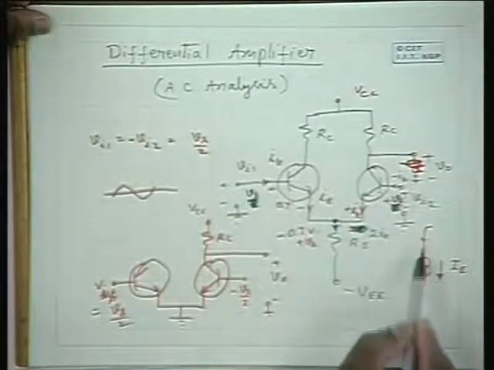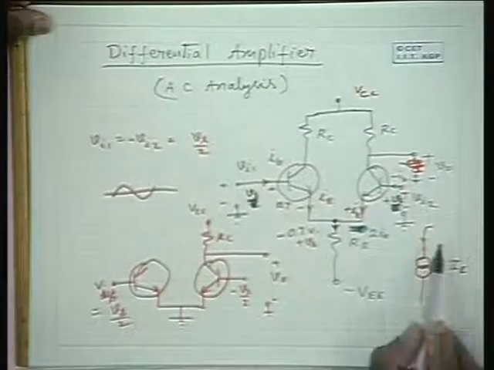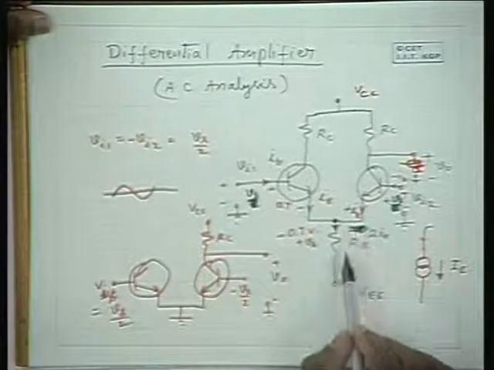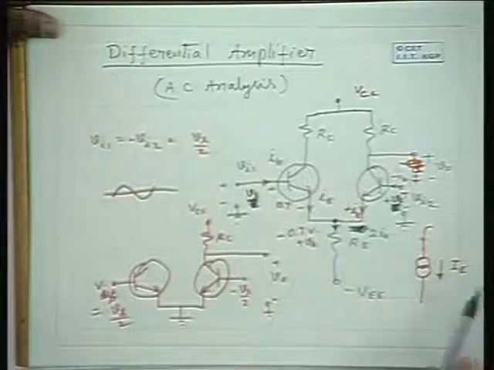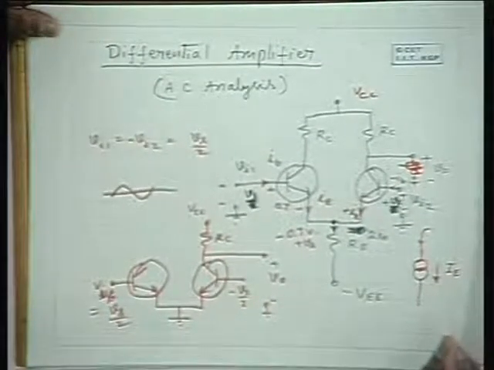RE is equivalent to an infinite resistance if it is an ideal current source. If it is a practical current source, the resistance is equivalent to several hundreds of kilo ohms, hence you get a high CMRR. Not infinity, but a high CMRR.